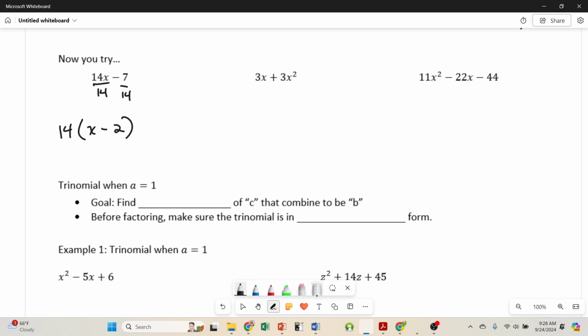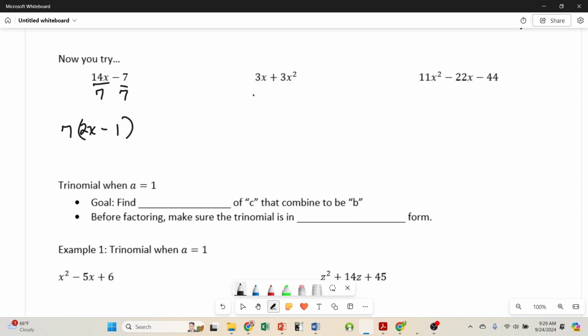No, not x minus 2. And it wouldn't be 14. It'd be 7. I'm not thinking. So this would be 2x, and this would be minus 1. Boy, that would have been embarrassing.